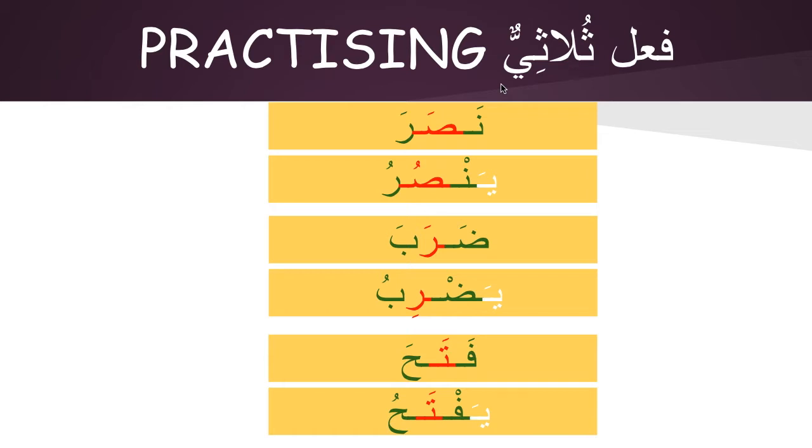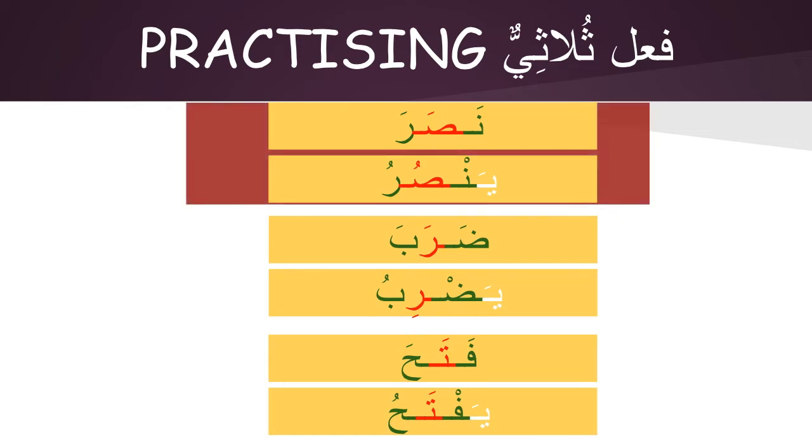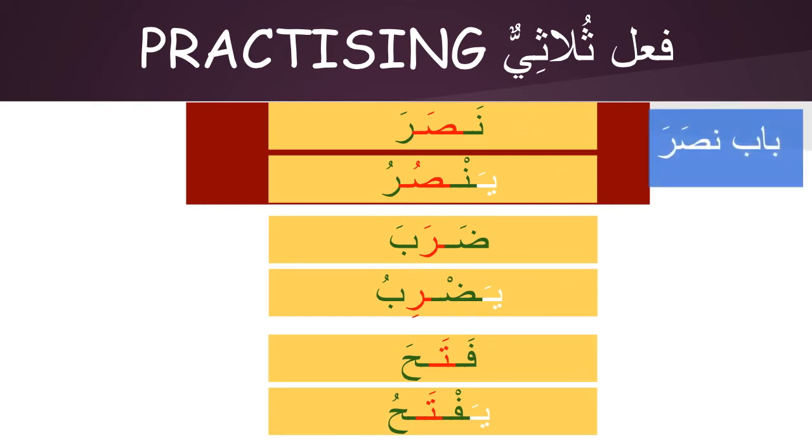What are those groups? We have nasara yansuru. These two form one group. All the verbs which come under this category, called Bab Nasara, will have fatha on the ain kalima in madi and dhamma on the ain kalima in mudari'. So nasara yansuru will be the pattern.